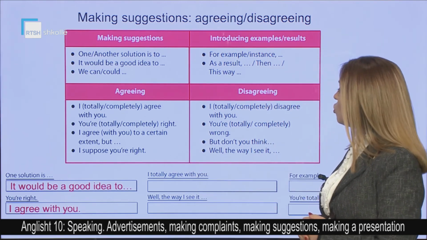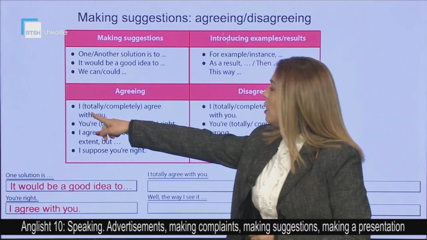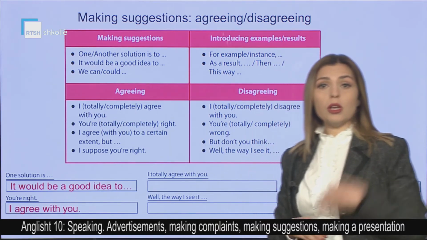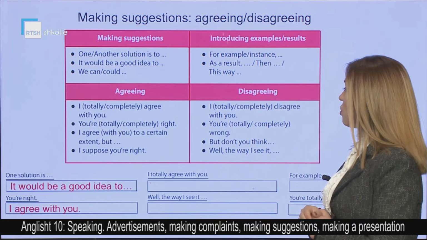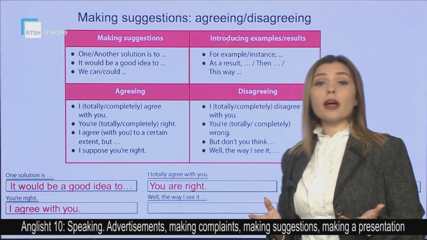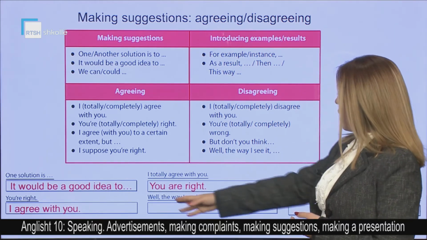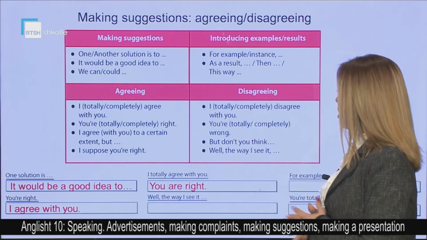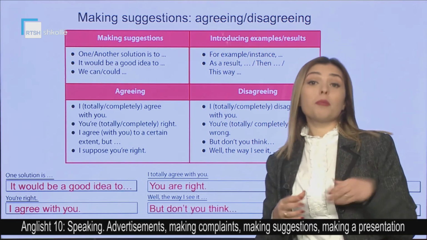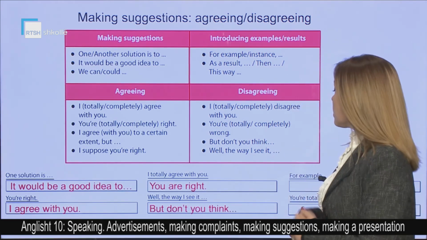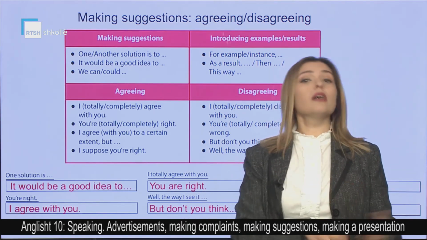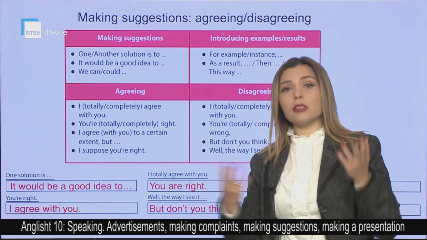When we say, I totally agree with you, so we can say, I agree, or when you strongly agree with someone, I totally agree with you, or you are right. Well, the way I see it, you start here not agreeing that much with the other person, but you say, but don't you think that that would be a better idea or this?